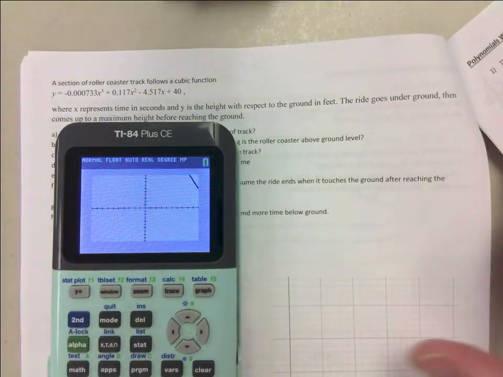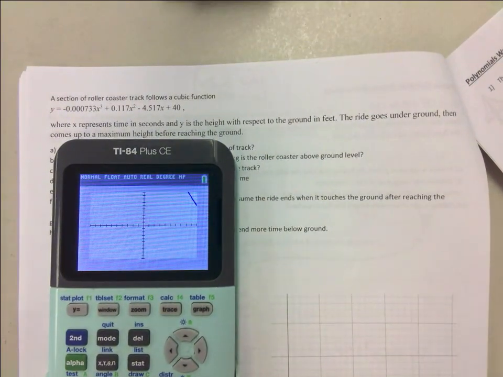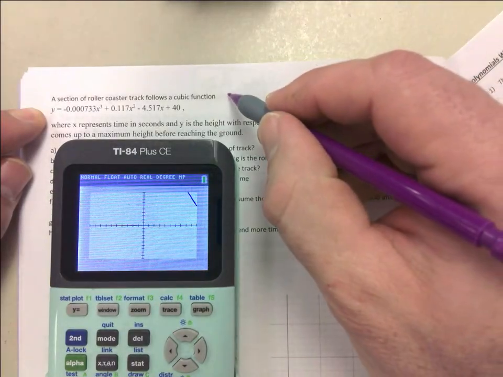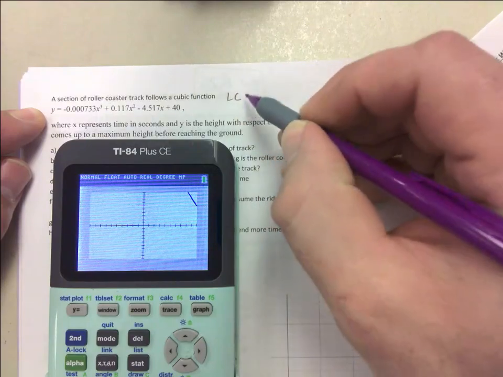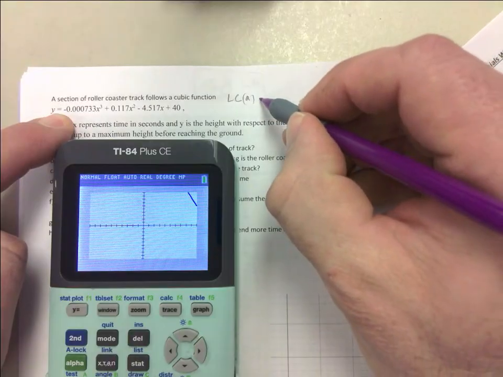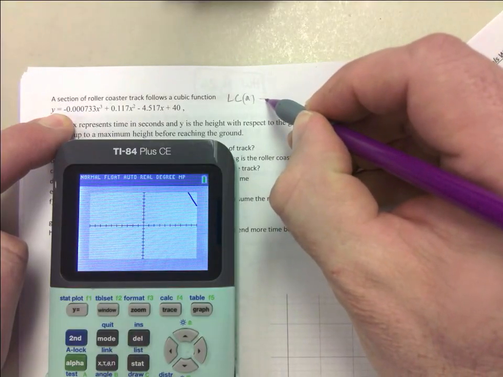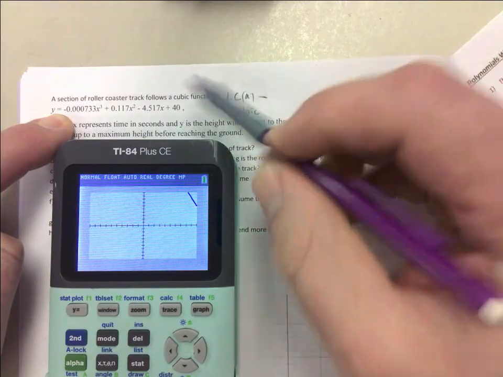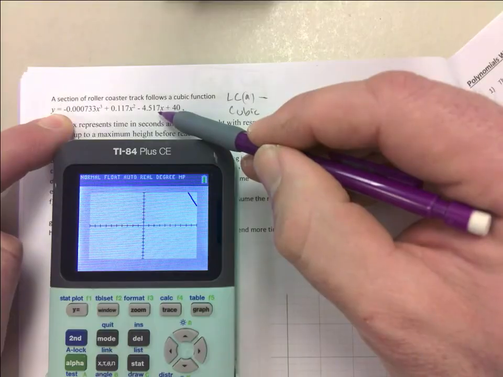This is where I need you to pay attention. This is a cubic, right? The leading coefficient, which is A, what do we know about the leading coefficient? It is negative, correct? It's a cubic, and you know how it has B and C there?